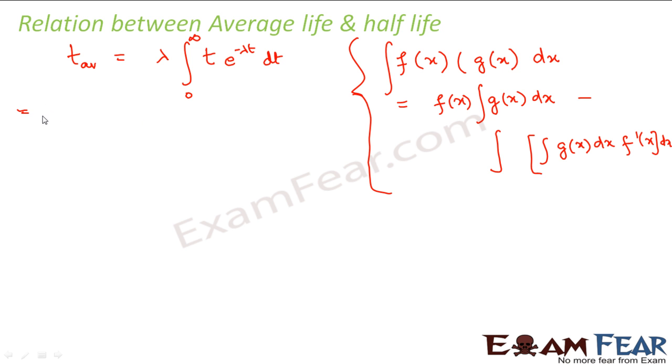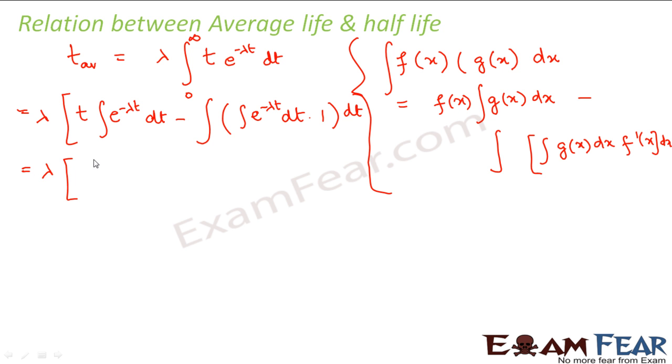So now this will become equal to lambda t into integration of e to the power minus lambda t dt, minus integration of e to the power minus lambda t dt into f dash x, that is d by dt of t. So dt by dt would be 1. So this becomes 1 into dt.